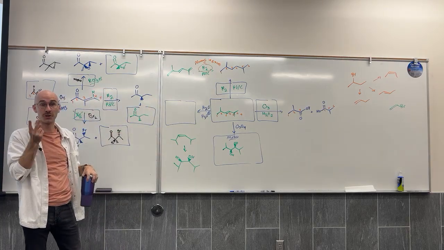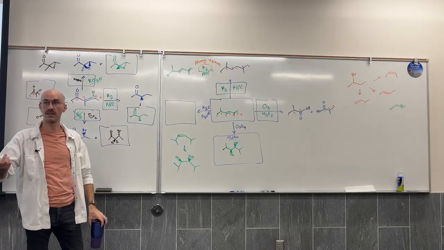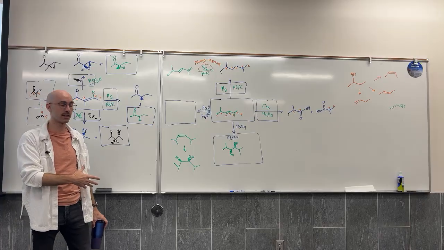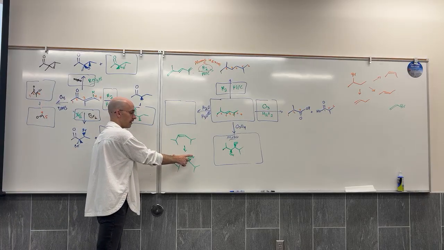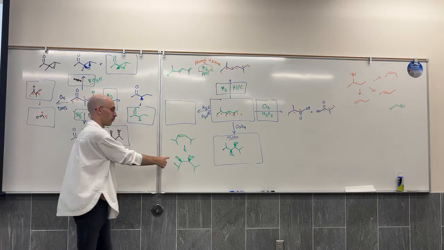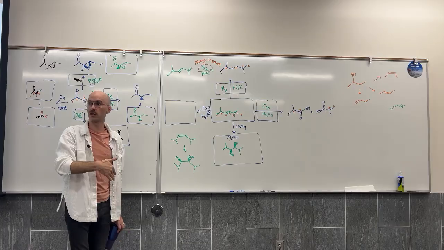Since Unit 2. We've been talking about perspective of these groups. Now you understand why, because it comes into play when we form these products. If I rotate around this bond, the syn groups now appear anti. This wedged OH is going to rotate around until it looks dashed.